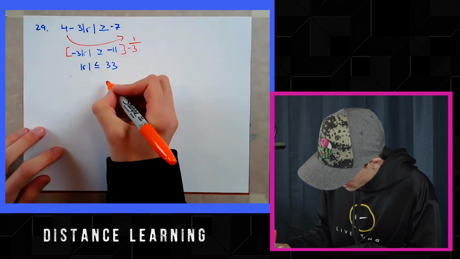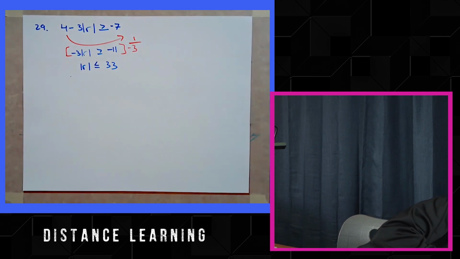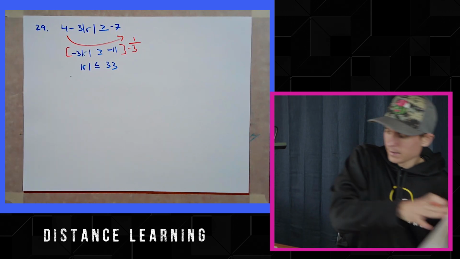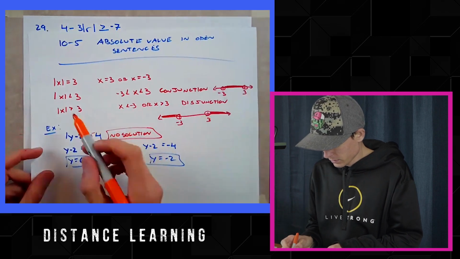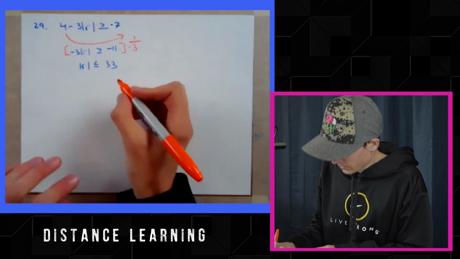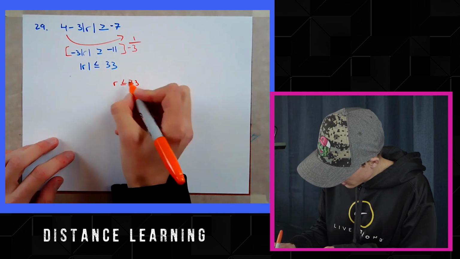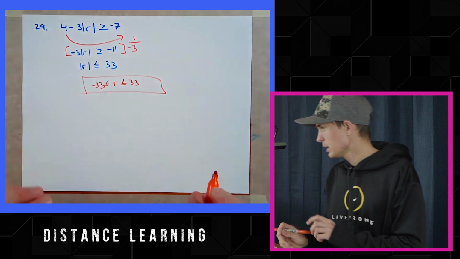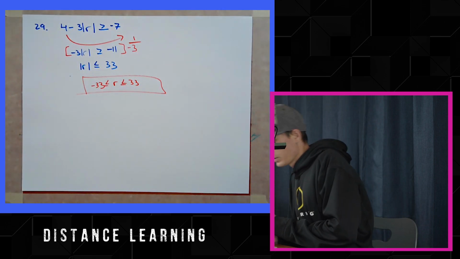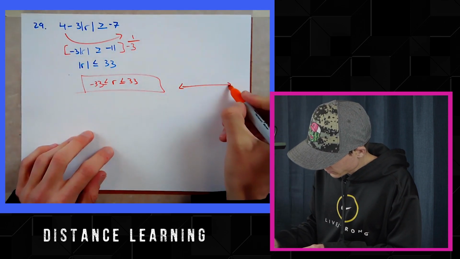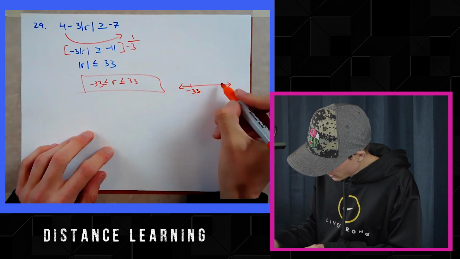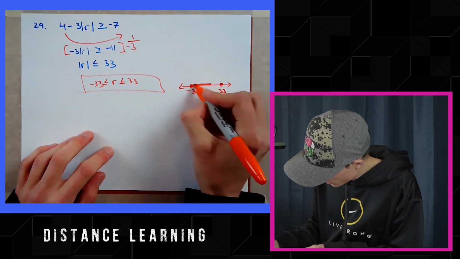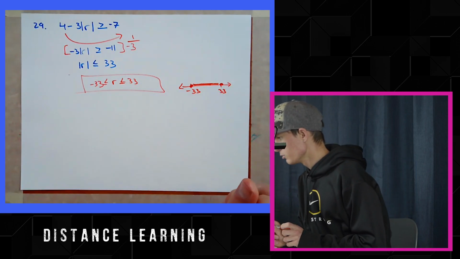So less than or equal to, it's going to be a conjunction. So I'm going to say r less than or equal to 33, greater than or equal to negative 33. And then you would graph it: lazy man's graph, negative 33, positive 33. There are solid dots.